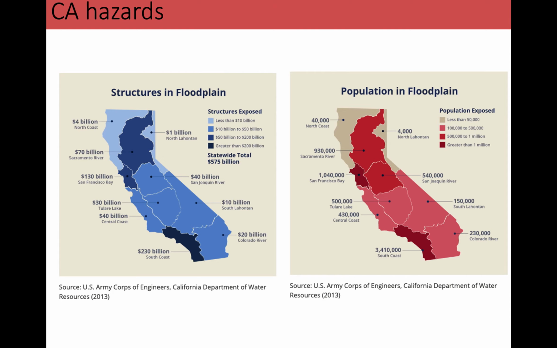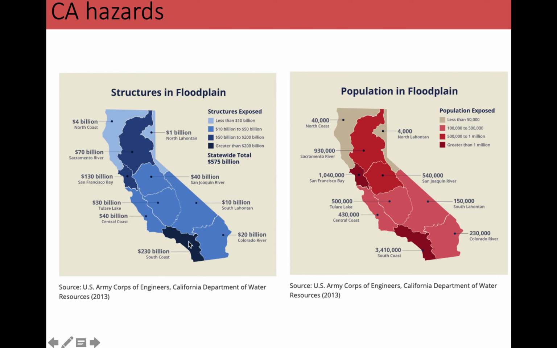So here I have some California maps. This one on the left shows the value of all of the structures that are built in floodplains. So built in an area prone for flooding.